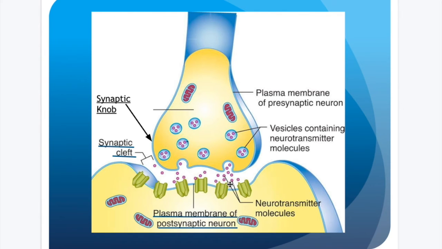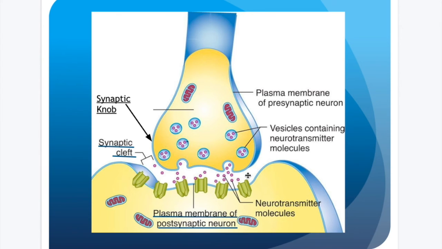It could be to the very next neighboring neuron, or elsewhere in the brain, for example. The presynaptic neuron packages those neurotransmitters in little packages called vesicles. Those vesicles move and merge with the membrane of the presynaptic neuron, and then the neurotransmitters are released into this space right here.